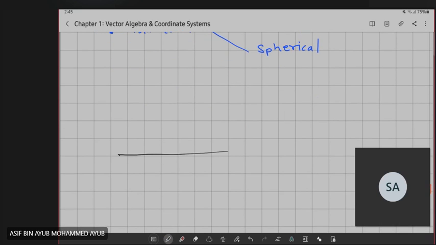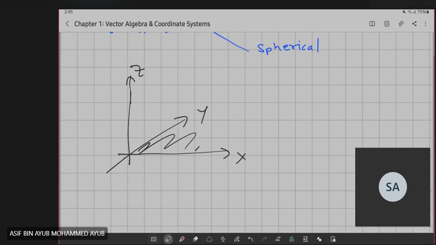You have x here, you have y here. You can imagine that from the right-hand rule, z must be perpendicular to both of these. So this is a plane, and this is going outside of the plane.